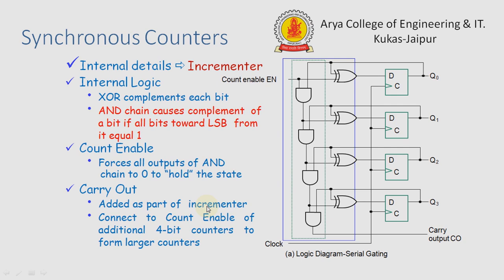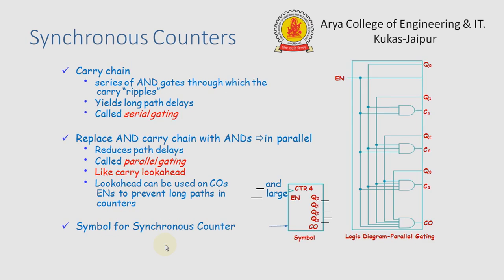A count enable signal forces all outputs of the AND chain to 0 to hold the state, and a carry out signal is added as part of the incrementer and connected to the count enable of additional 4-bit counters to form larger counters.